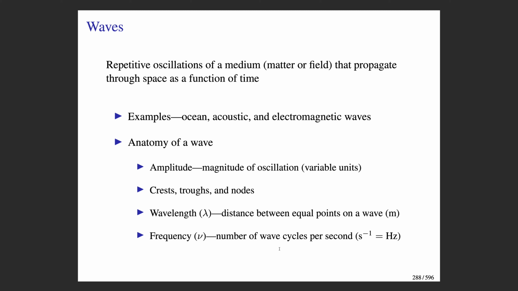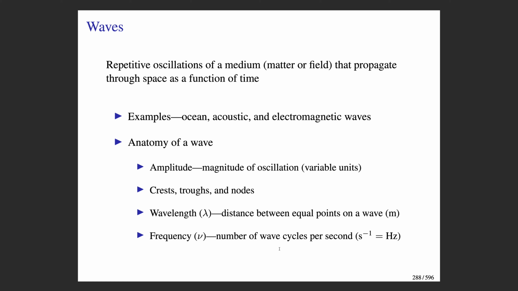For example, the surface of an ocean wave, or in acoustic waves, the air pressure, and in electromagnetic waves, you're talking about the oscillation of an electric field and a magnetic field. Something that's oscillating and that propagates through space as a function of time. That's what a wave is.